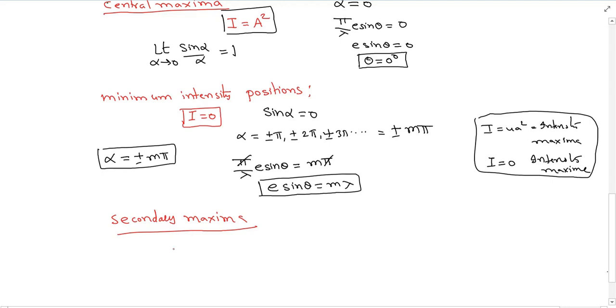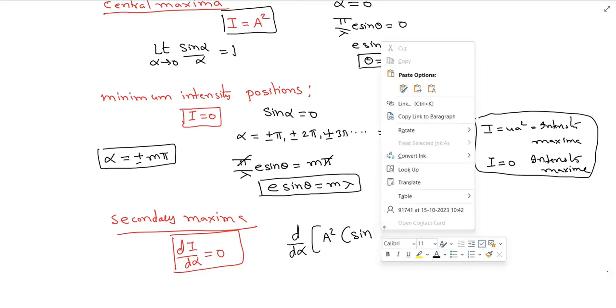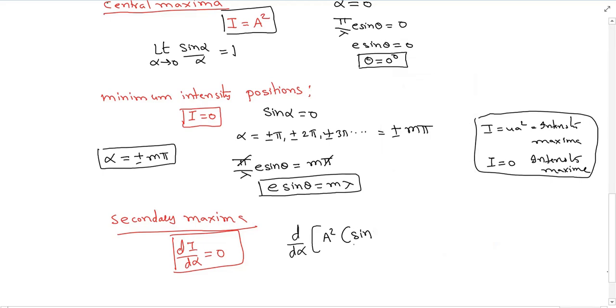So what we are going to do is differentiate dI by d alpha, and equate it to 0, right? dI by d alpha is going to be equivalent to 0. So d by d alpha of A square, sine... so d by d alpha, what is the intensity? A square sin alpha by alpha whole square should be equivalent to 0.